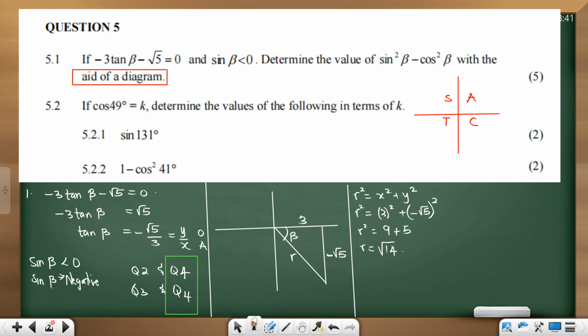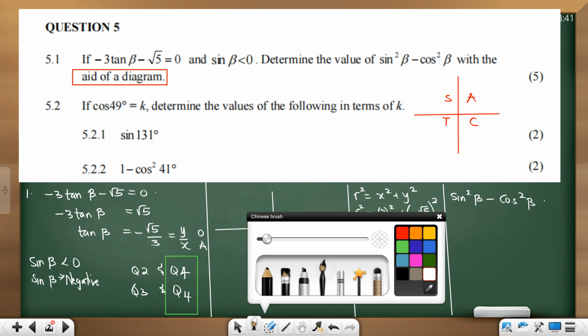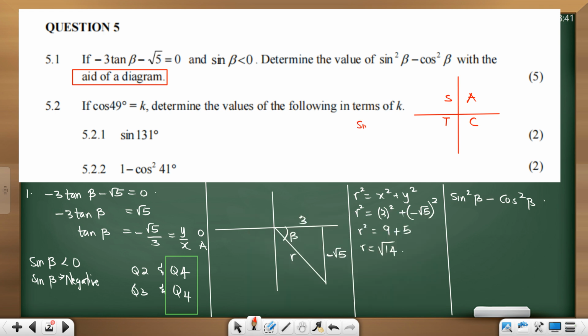Beautiful. Now, the examiner wants me to find sine squared beta minus cos squared beta. One thing I need you to know quickly is this. You must know that sine theta or beta is y over r.